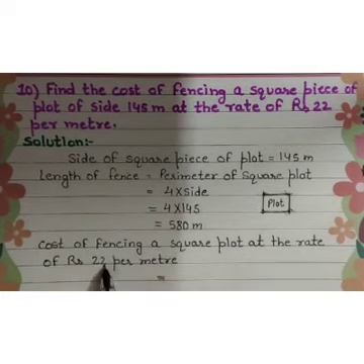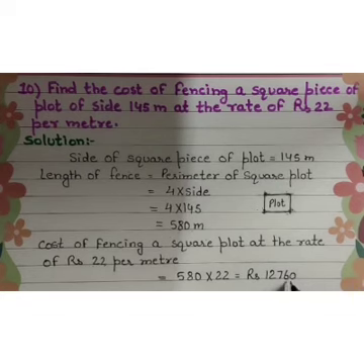And the whole length of fence is 580 meter. Therefore, cost of fencing square plot will be 580 multiply 22, that is equal to rupees 12,760. 12,760 rupees is the answer.